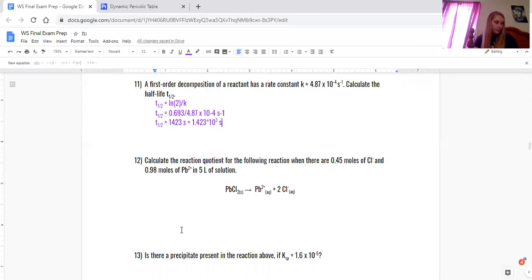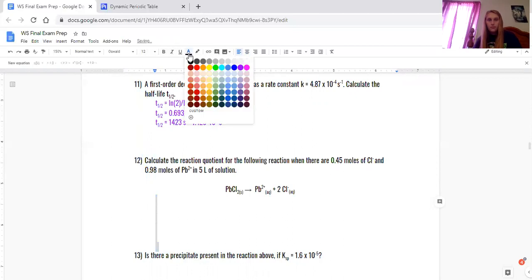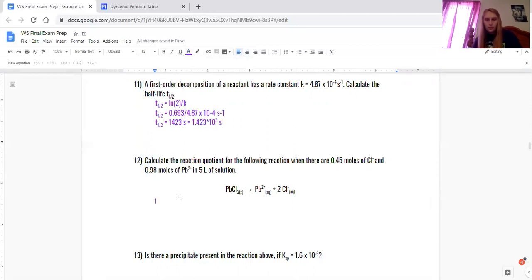All right, so we're doing reaction quotient. So our reaction quotient is going to be Q equals our products over our reactants, remember?